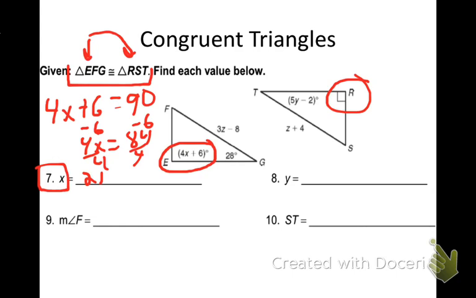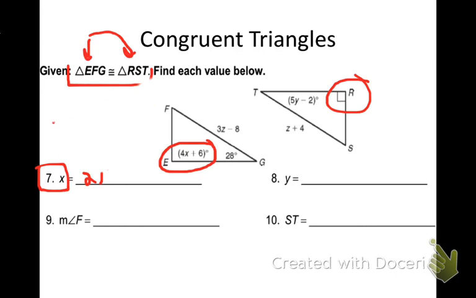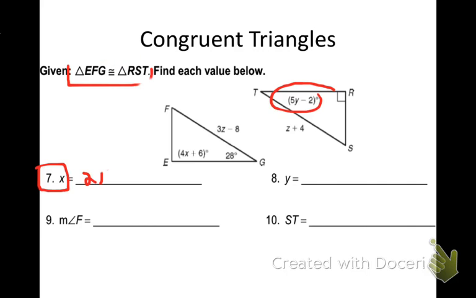So again, using those corresponding parts, I can solve for indicated variables or angles or sides in a given triangle. Same thing here now. I'm going to look at Y. It tells me the angle equals 28, so I'm looking for Y. I see Y here at angle T, which means it's matched up with angle G. So I work it out: 5Y minus 2 equals 28.